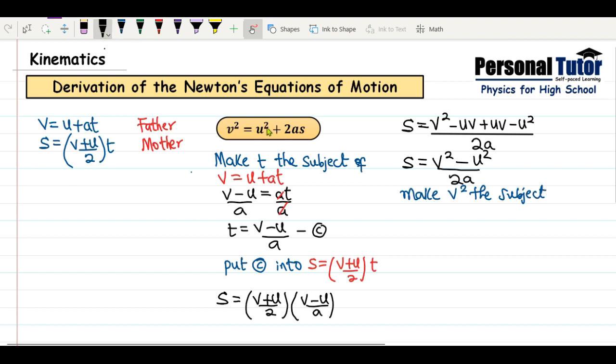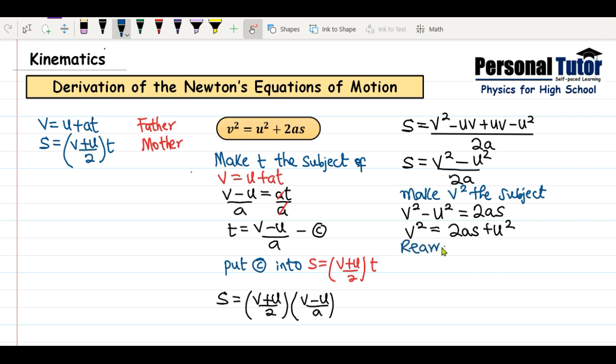So that will be done by cross multiply. And you will get v squared minus u squared equals s times 2a, which will be 2as. From here, we are making v the subject, and so u will have to travel to the other side. And we'll get v squared equals 2as plus u squared.